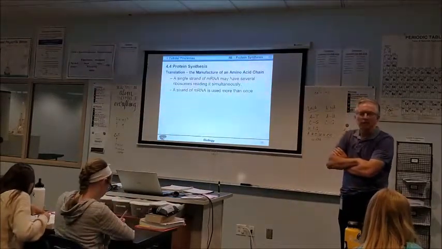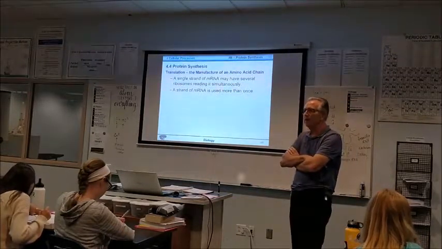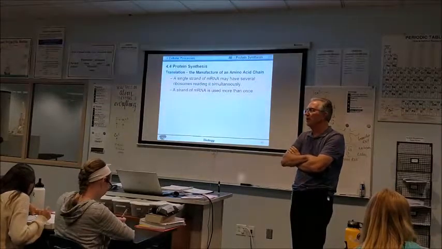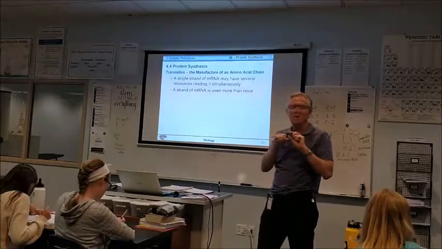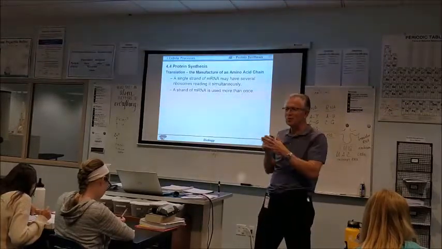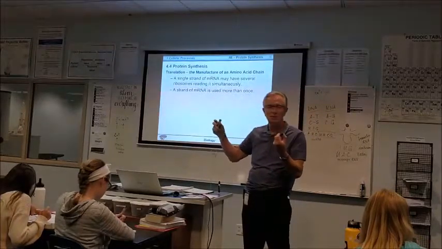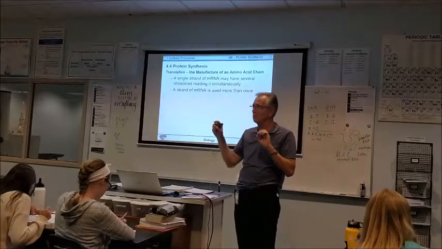Now here's a little extra detail. That messenger RNA that contains the blueprint for that protein, there could be a couple of ribosomes working on that same message. One starts it, and then as it's farther on down the line, another one can start making another protein. So we can have more than one ribosome working on the same set of instructions.